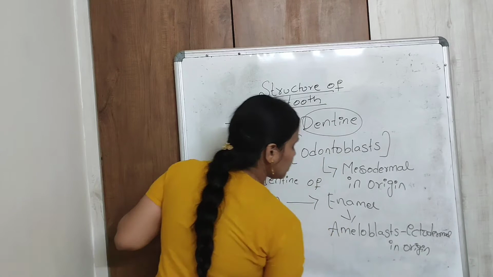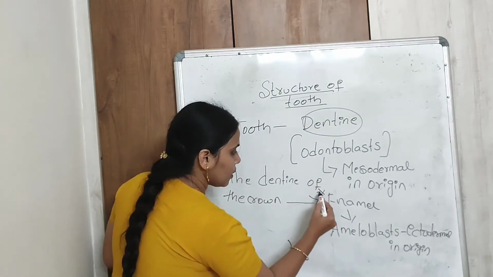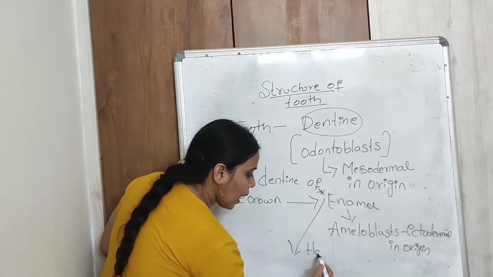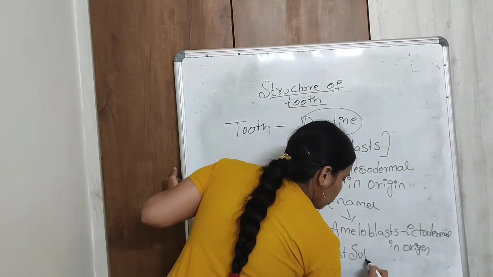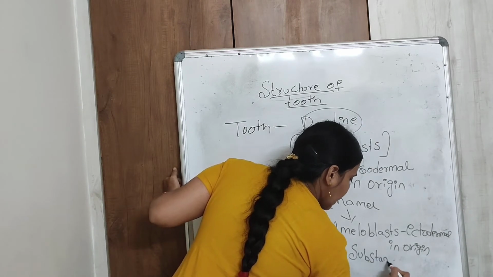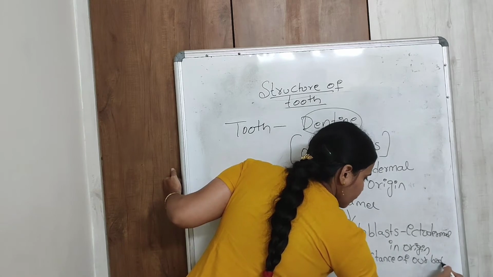And here the most important point, children: enamel is known to be the hardest substance of our body.